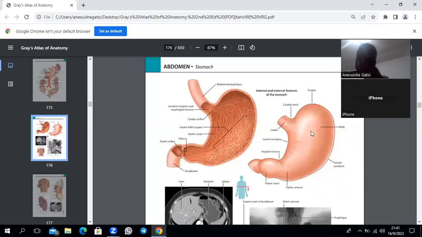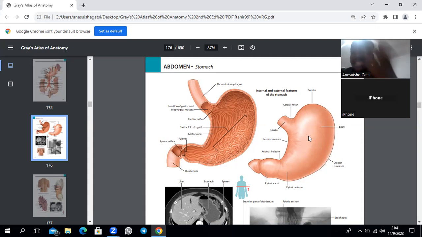Still on general features of the stomach. The stomach has an anterior surface, which is this one, then a posterior surface at the back, right? So knowing the stomach may not be that important, but knowing its relations, because somebody may have a perforated ulcer in the stomach, that ulcer perforates and it goes to meet something, either anterior or posterior.